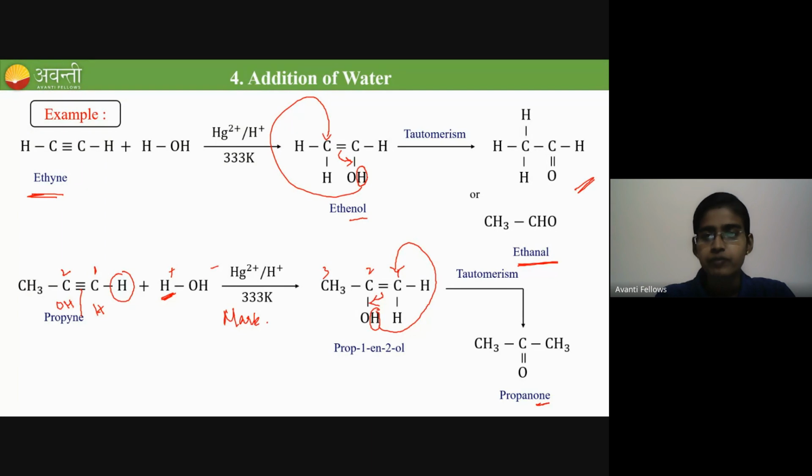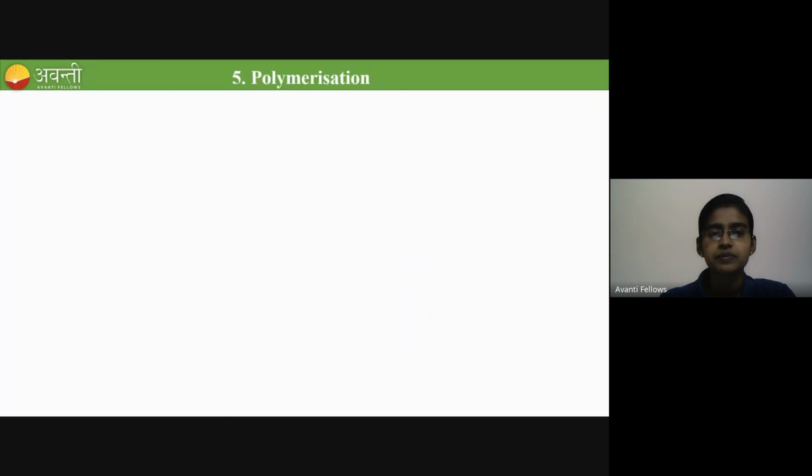Fine. We will go with the fifth reaction, the polymerization reaction of alkynes. How do we get a polymer? By repeating monomeric units, right? We have two types of polymerization here: linear polymerization and cyclic polymerization. I will discuss cyclic next.